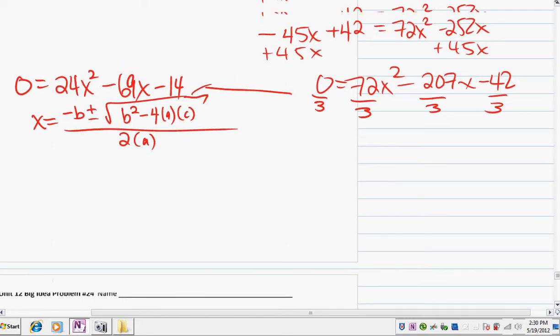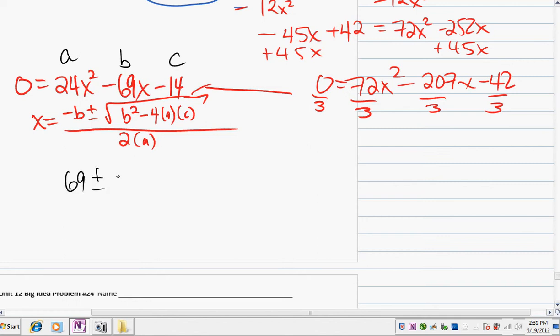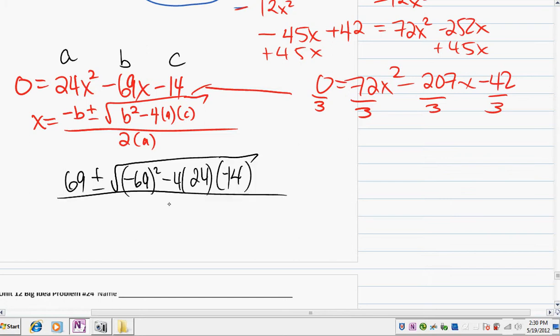So playing that out, b is negative 69, c is negative 14, a is 24. So I have the opposite of b plus and minus the square root of b squared minus 4 times my a value times my c value, all over 2 times my a value.